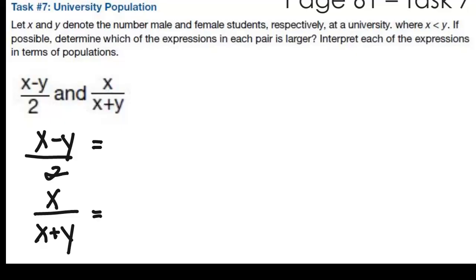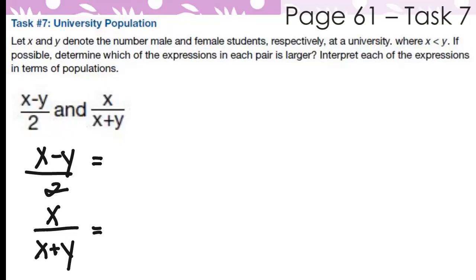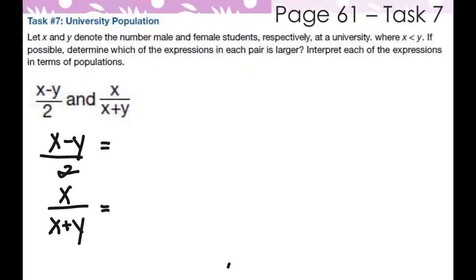What is x again? Males. So males minus females. Number of male students minus the females, and then we're going to divide it by 2. There's not a really good way to say this with words. It's just the number of males minus the number of females divided by 2.